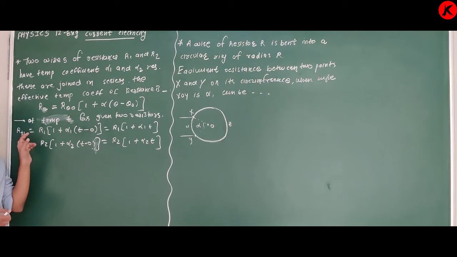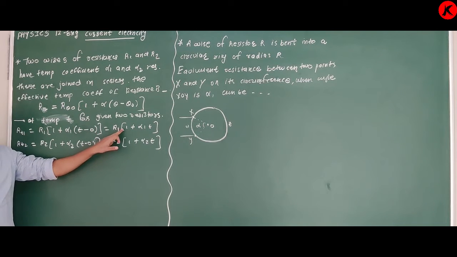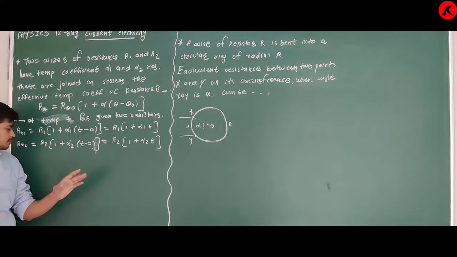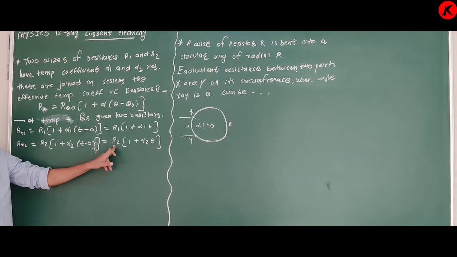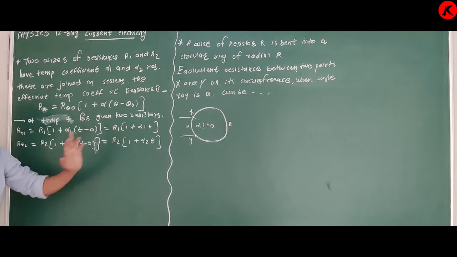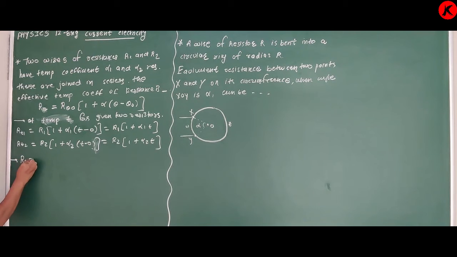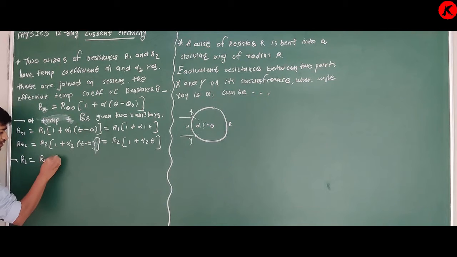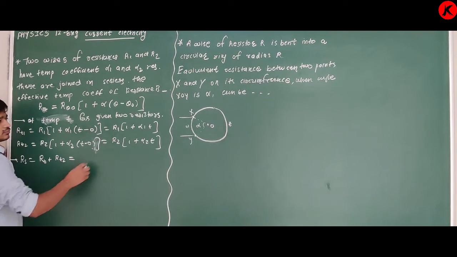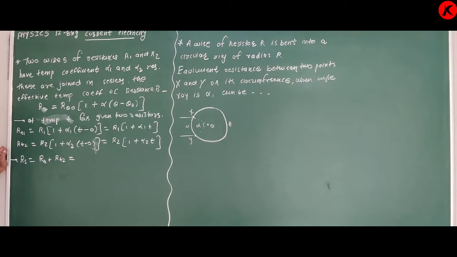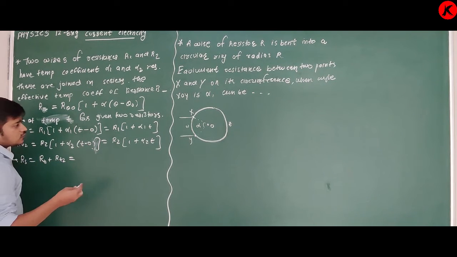So see, RT1 is equal to R1 into 1 plus alpha 1 T, and RT2 is equal to R2 into 1 plus alpha 2 T. Now as they are connected in series, RS is equal to RT1 plus RT2. If I add both these equations, what happens?